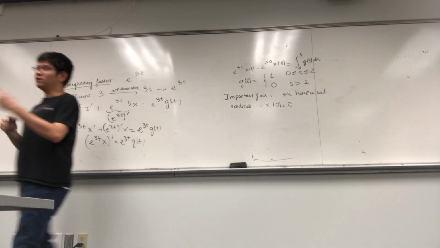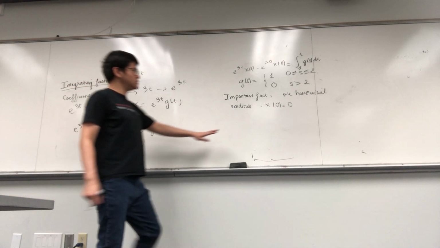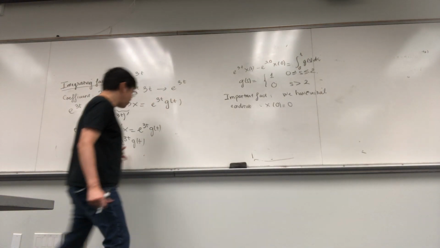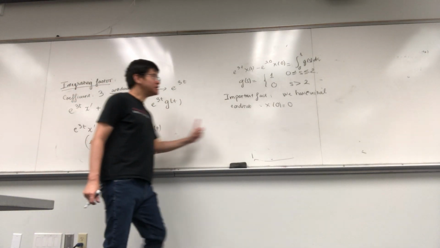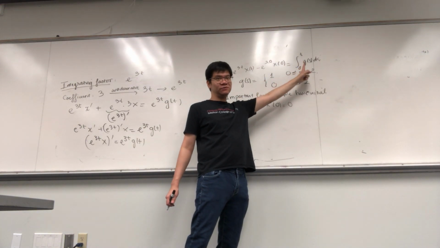So we want to use this initial condition, because in the previous way, if you use an indefinite integral, you have to put a constant. Now you have an initial condition, so you have to use it. This formula will allow me to integrate from 0 to t. So I'm going to integrate from 0 to t on both sides.